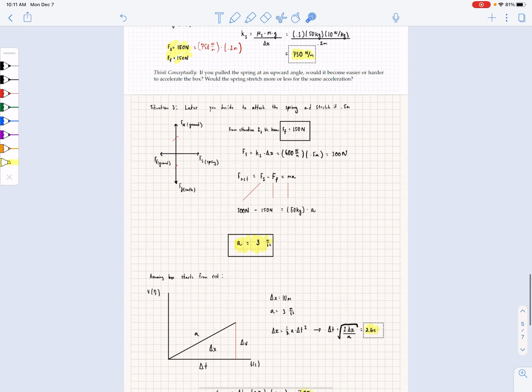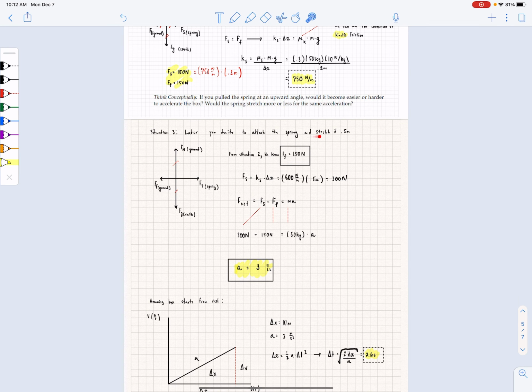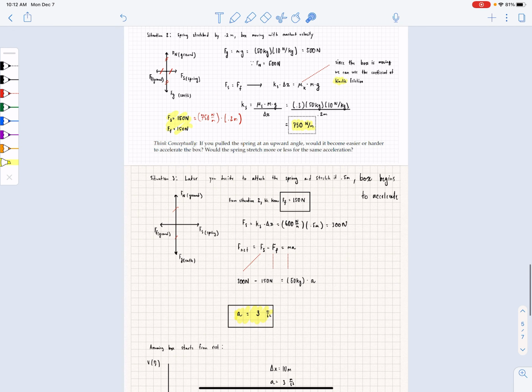And finally, we have a third situation: you attach a spring and stretch the spring 0.5 meters. The box, therefore, begins to accelerate. Now that the box is accelerating, we know that in the previous situation, we determined that the maximum force of friction is going to be 150 newtons.